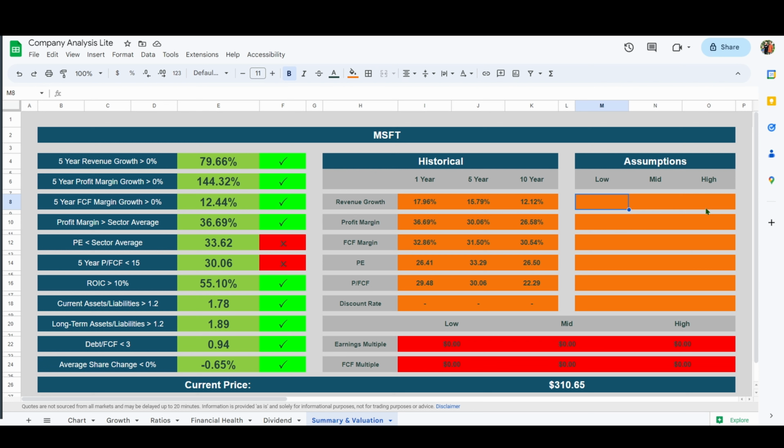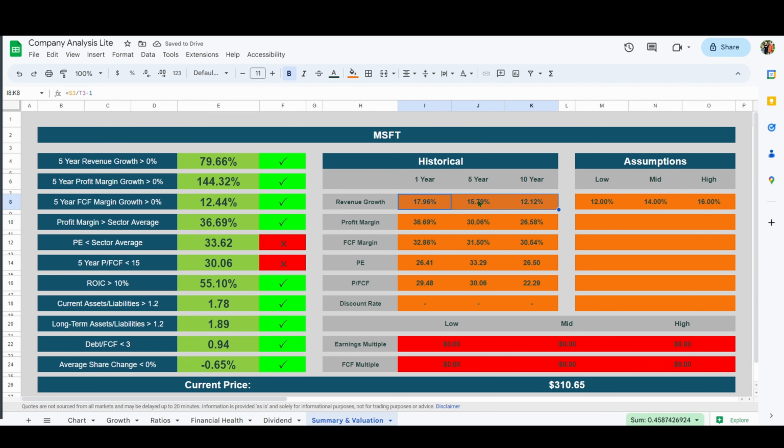That's why you have to be extremely conservative and use a margin of safety so that even if your estimates are a little bit wrong, you'll still be okay, right? So you don't want to estimate like 12%. You don't basically just want to copy this over to here. So you don't want to say 12%, 14% in the middle, and 16% in the high just because they did that here.